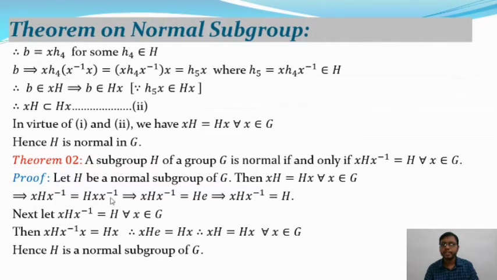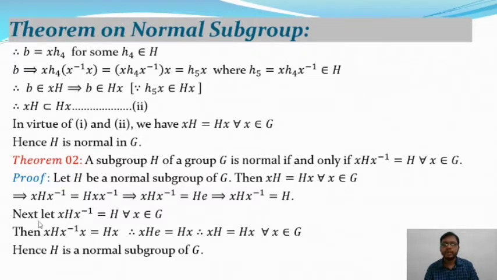And you know that x is an element in G and G is a group, so x inverse x is equal to identity. So xHx inverse is equal to He, and e also belongs to G, and H is equal to H. So hence the proof of the necessary part, or the first part of the above theorem.